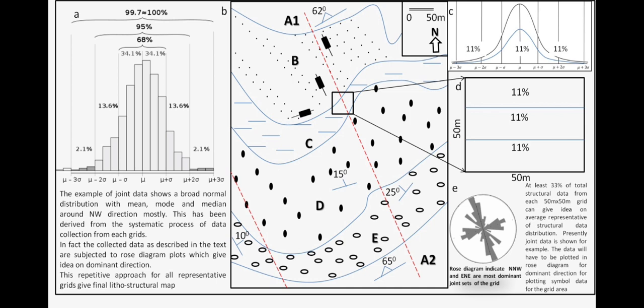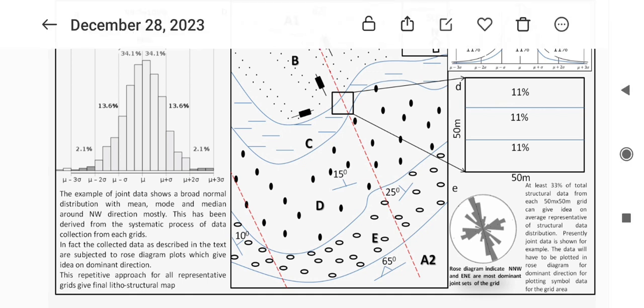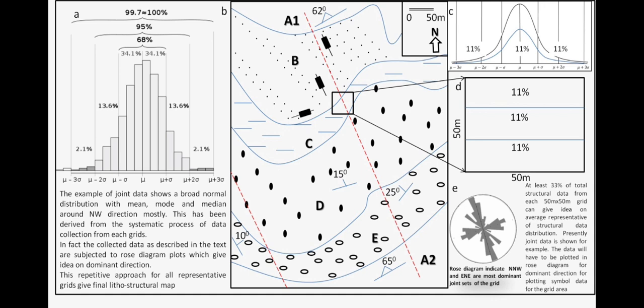So I would like to discuss a standard procedure so that structural data have some meaning and its interpretation will be accurately implied in that particular location within the map. In statistical terms, a sample represents a subset of a population.